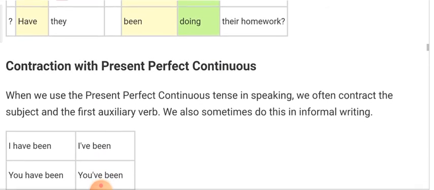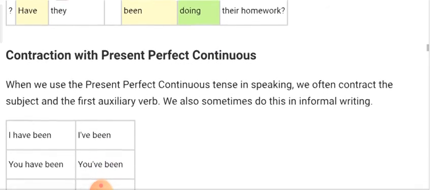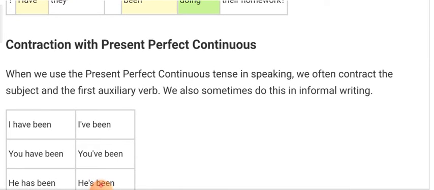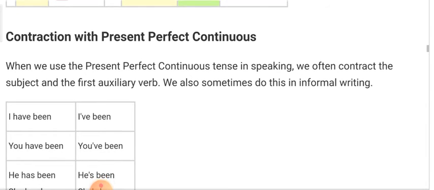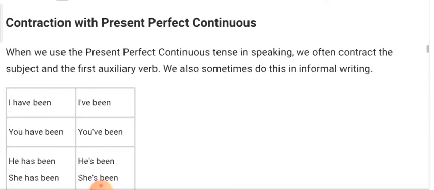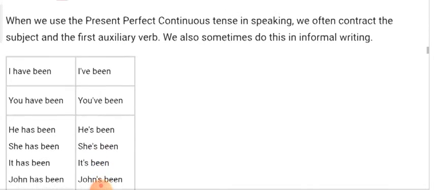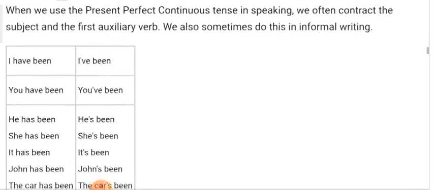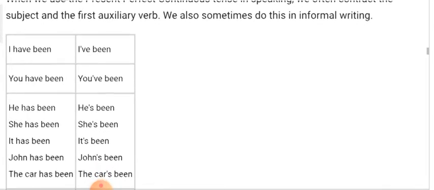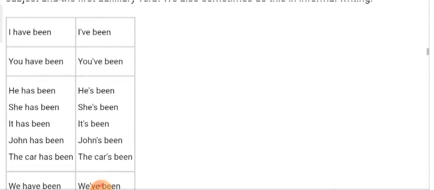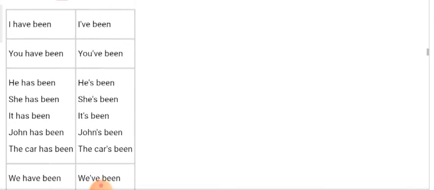So if we want to make the short form, as per the short form we can see I have been, so I've been. How we can make a short form is also very important, and you may see the plain box with some examples.